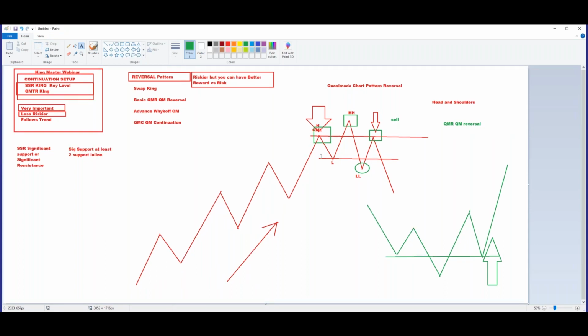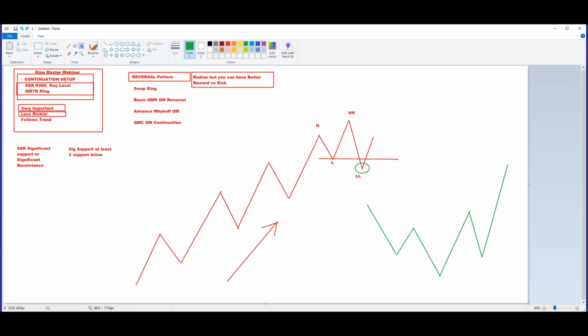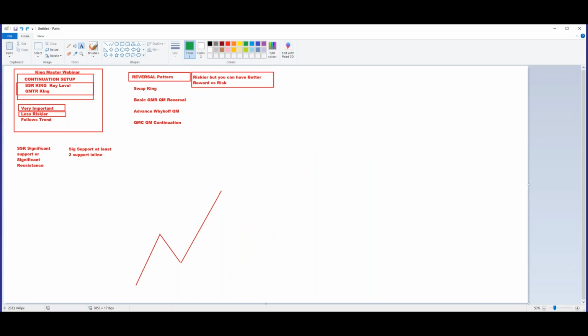But in reality, all this actually comes from the pattern of SwapKing. For example, let's suppose that we have price going up, and then it's going down. It's going up again.